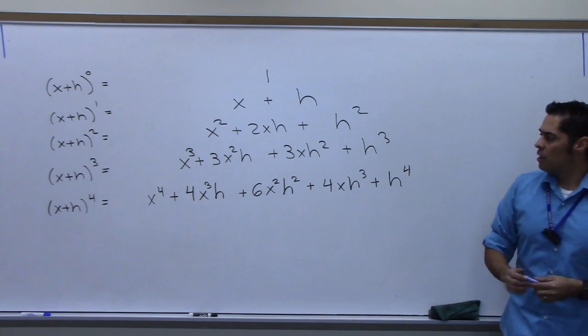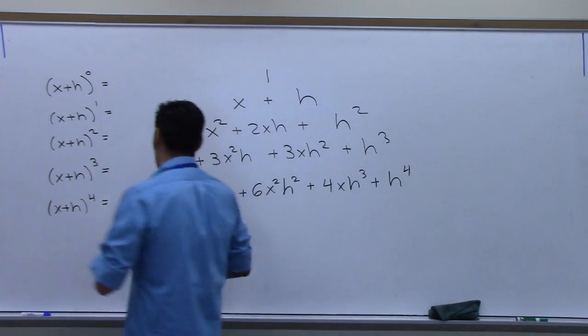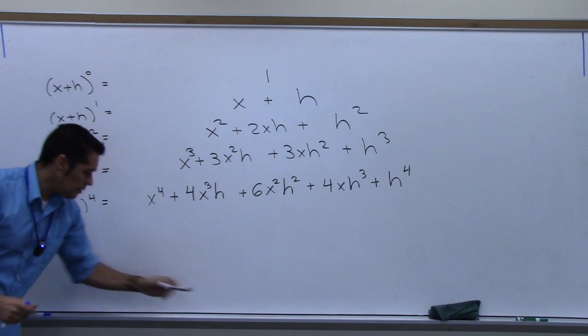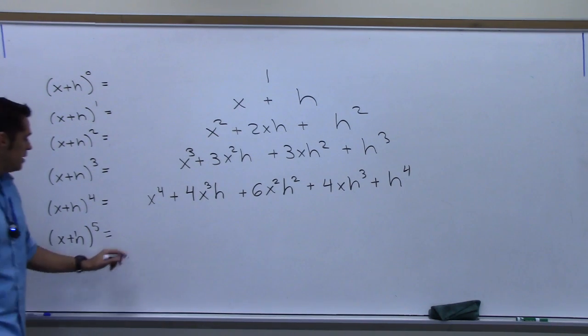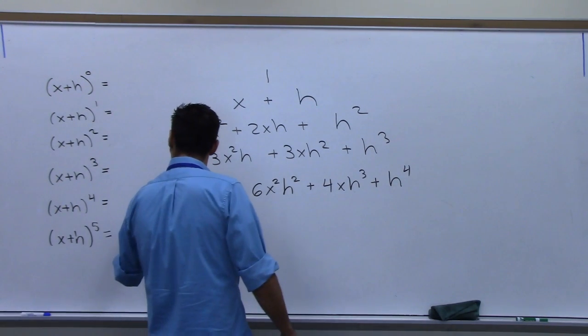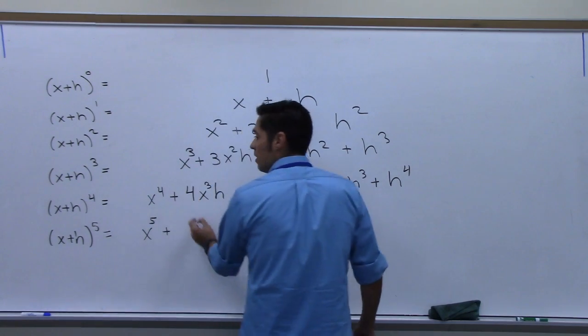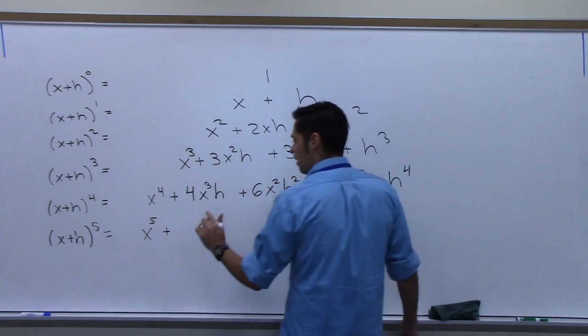Okay? So I still am not going to worry about the numbers right now. With that in mind, though, here's what you can tell me. The next one should be x to the fifth plus, now you don't know anything about the number yet, so let's just wave our hands at that.